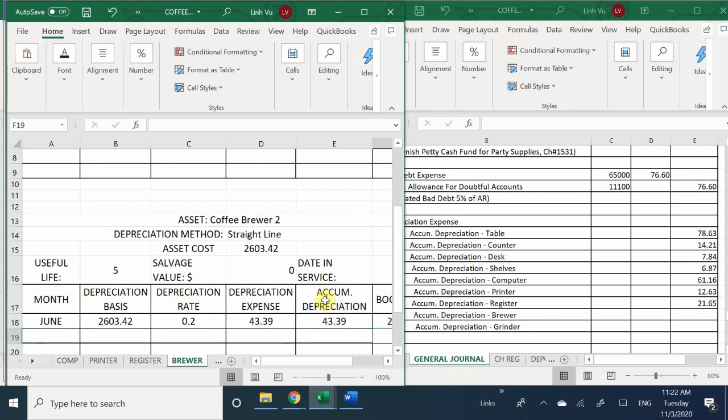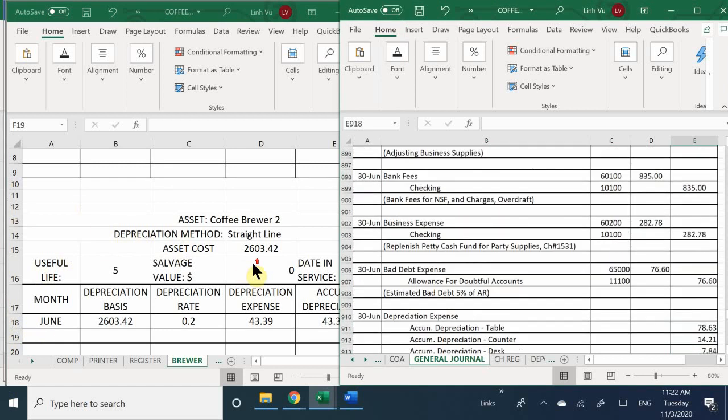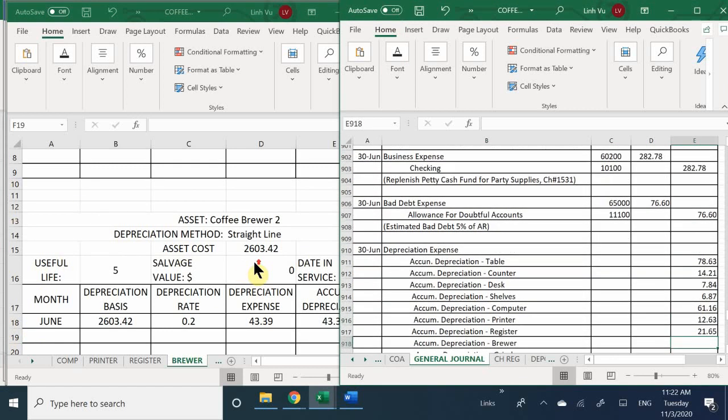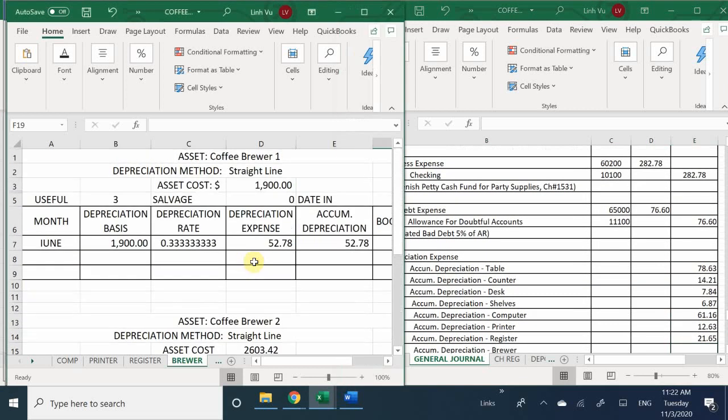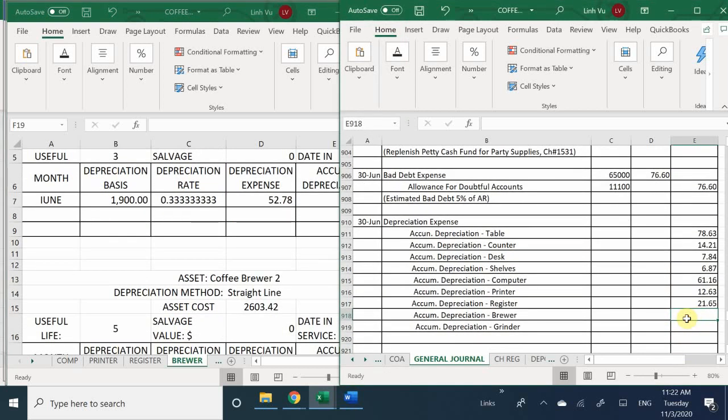So what's my total going to be for both the first coffee brewer and the second coffee brewer? 9617.